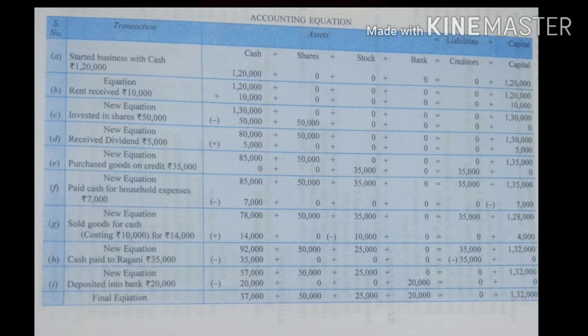Same will happen over here also, cash is decreasing by 20,000 and your bank column is increasing by 20,000. If I ask the net effect, you will say it is balanced. Something increases, something decreases in the asset side. Net effect again the same. We are fulfilling our accounting equation terms, that is, I'm repeating myself, assets equal to liability plus capital.